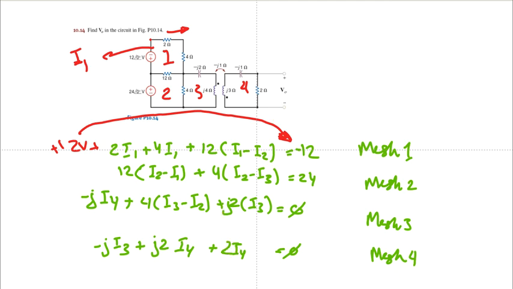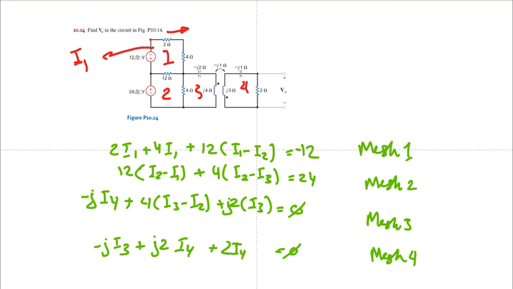So you don't put them on 2 sides of the equation, just on one side. I'm just explaining here how you get the minus 12 volts. Since you're going from the positive terminal to the negative terminal, you have plus 12 volts, and when you move it to the other side of the equation, you get minus 12 volts. So let me go ahead and erase all these. That's for mesh 1.